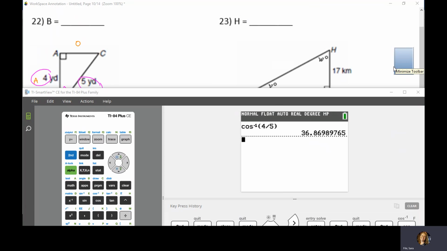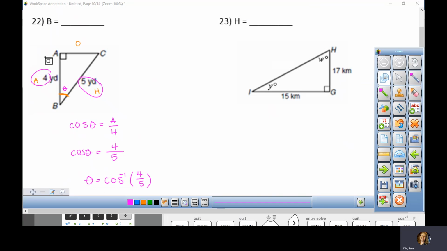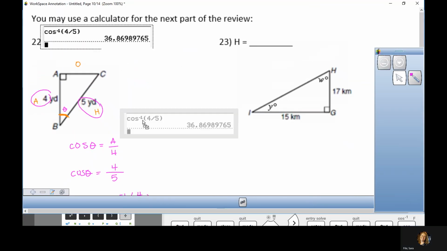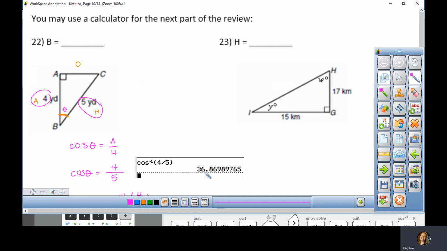I'm going to copy that over onto here. You can see what we got in the calculator. So that is going to be approximately 37 degrees, right? That's angle B, approximately.